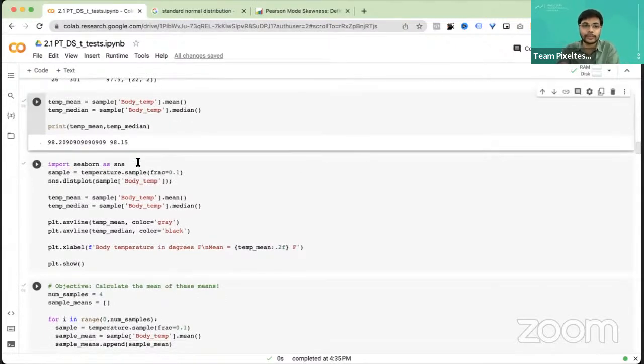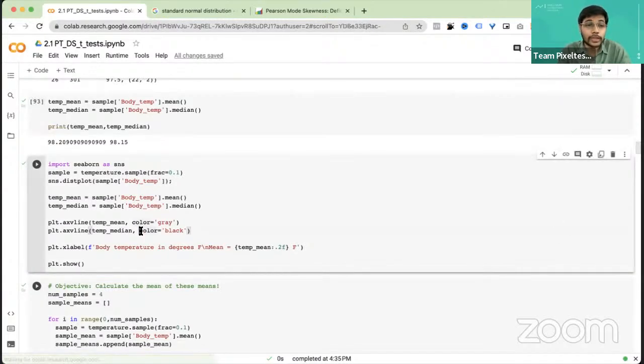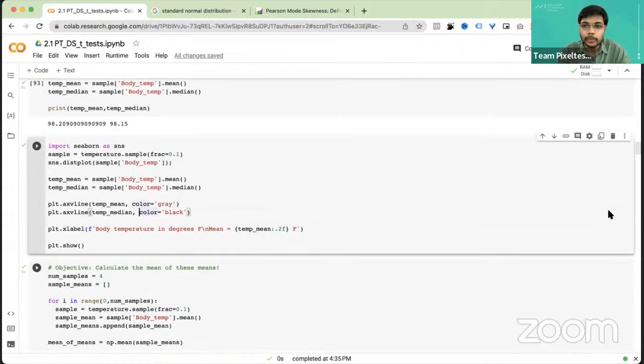So now what we are trying to do here is, hi Anil sir. So now what we are going to do in this sample data frame only, and the fraction, we are going to do the dist plot. We have already done it, right? We have got the median of it.